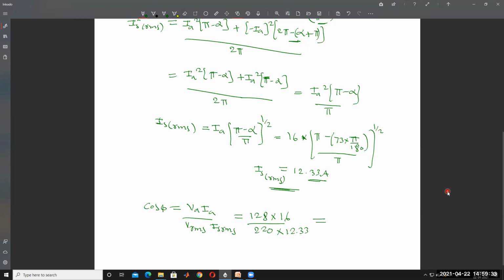Then you will get the power factor, so 0.57. I got like this. Is it clear?